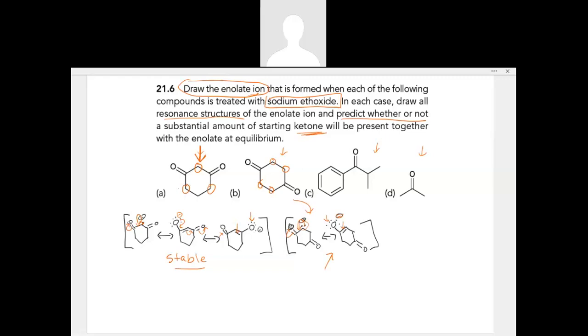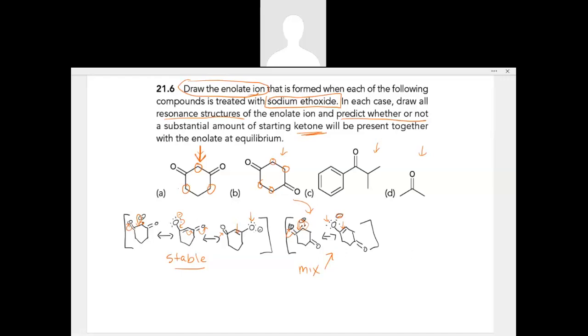We can note in this conjugate base that the negative charge is delocalized only over 1 oxygen atom now, not 2. So this deprotonation of this diketone with ethoxide would result in a mixture with both the enolate and the starting diketone at equilibrium, and not just the enolate or the diketone.